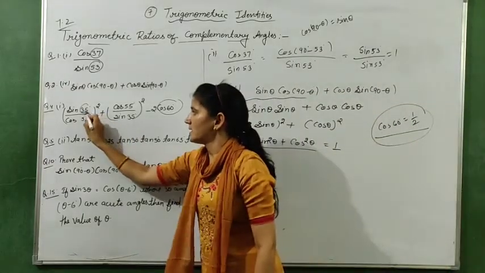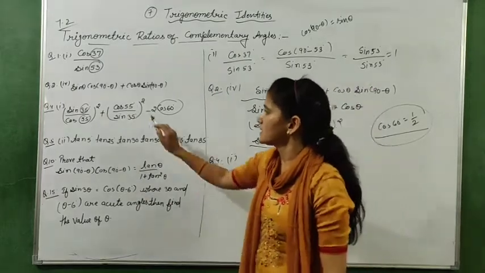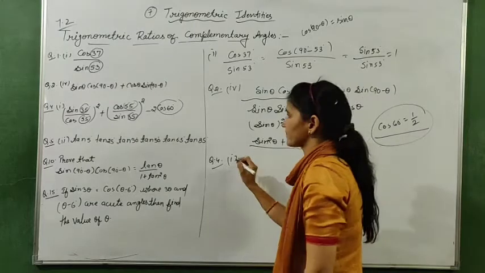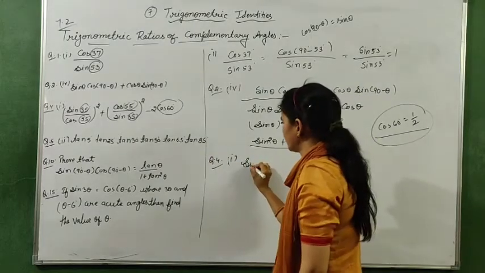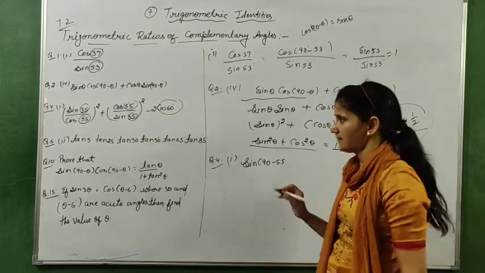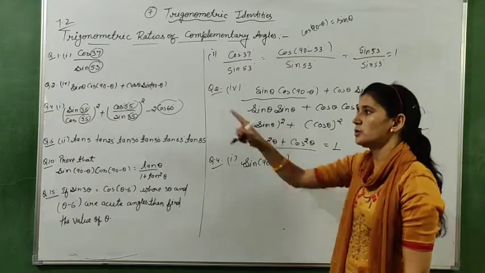Now sin 35 and 55 are complementary angles, and these two angles are also complementary angles. So sin 35 can be written as sin (90 minus 55) degree, since 90 minus 55 is equal to 35.